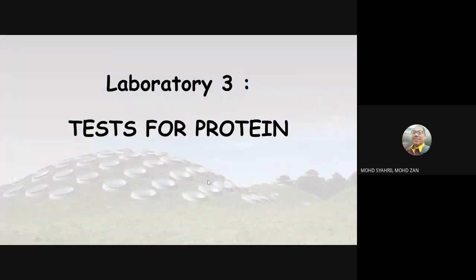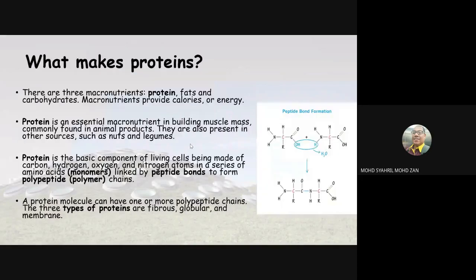Alright, so laboratory number 3, test for proteins. Okay, I have put these notes in U-Feature, so you can look at them later, alright. Okay, what makes proteins? They are what we call macronutrients. Okay, proteins, fats, and carbohydrates. In other words, we call them macromolecules. So these macronutrients or macromolecules provide calories or energy that we need in our bodies, right?